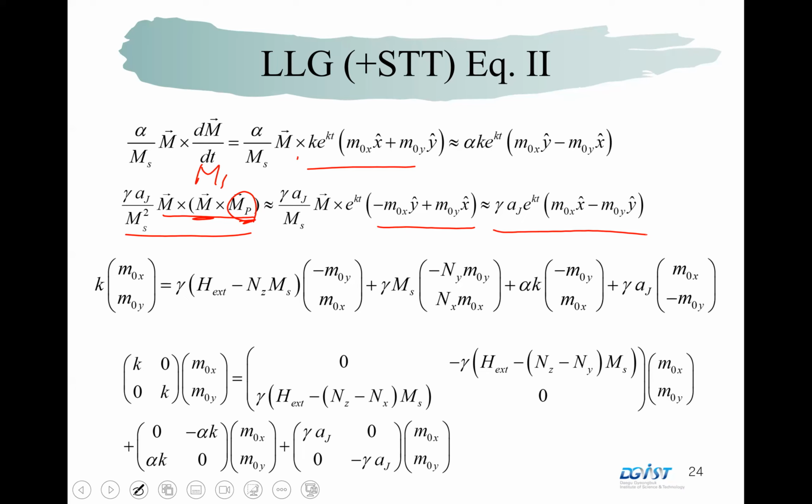So let's get all this calculation together. This is from dm/dt, this is the precession term, and this is also a precession term, this is the damping term, and this is the STT term.